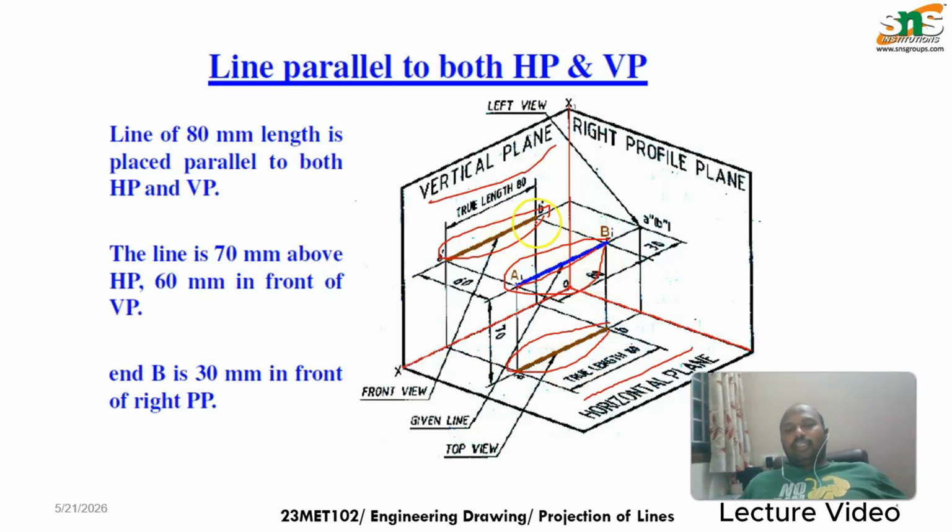Considering this, you can see the front view and the top view for a given true length. The line looks parallel to both the vertical plane and the horizontal plane, as you can see in this picture.